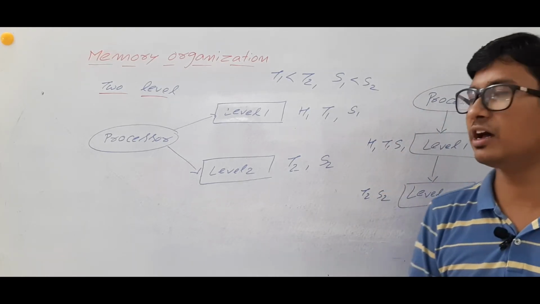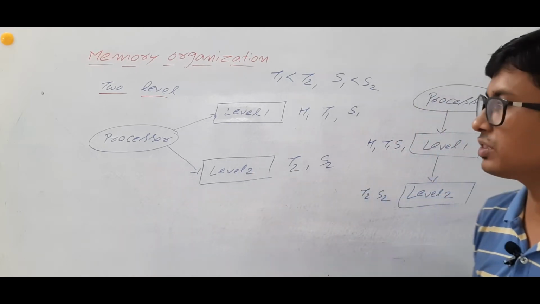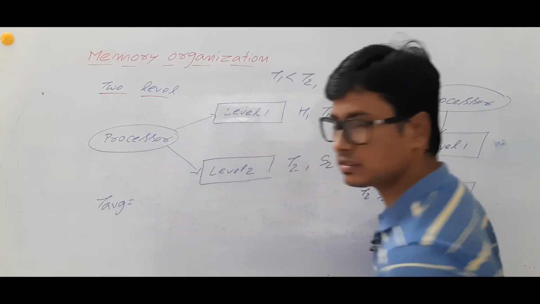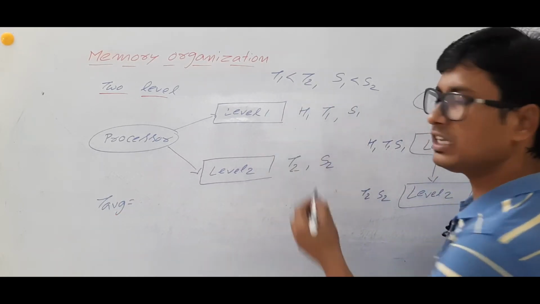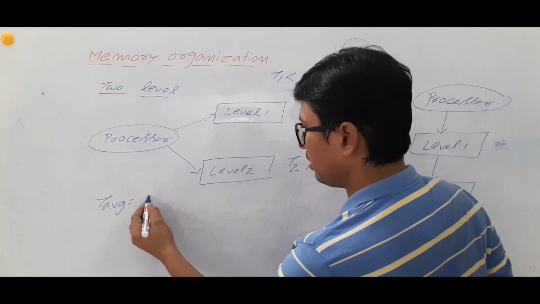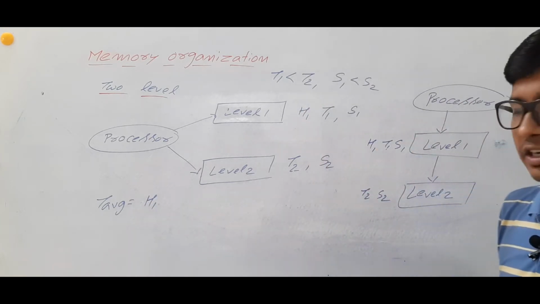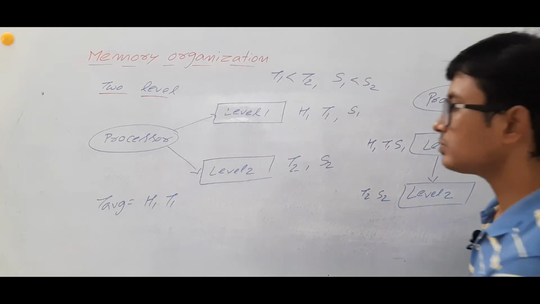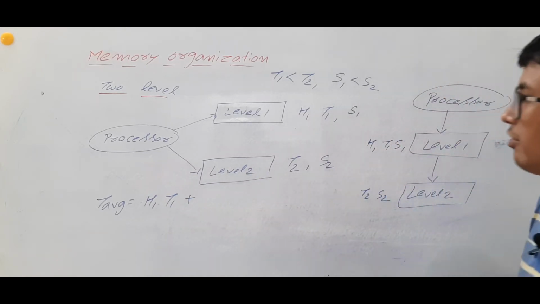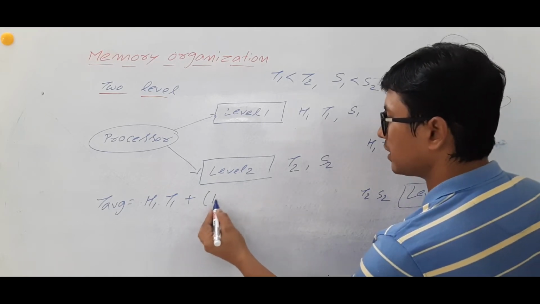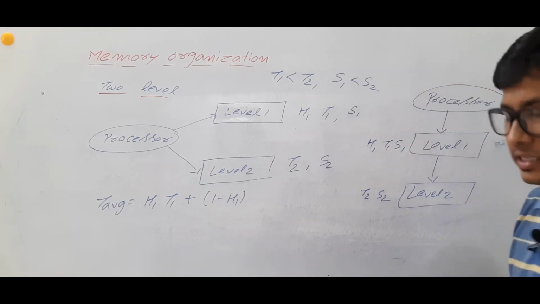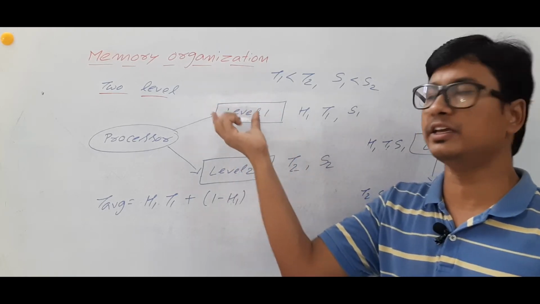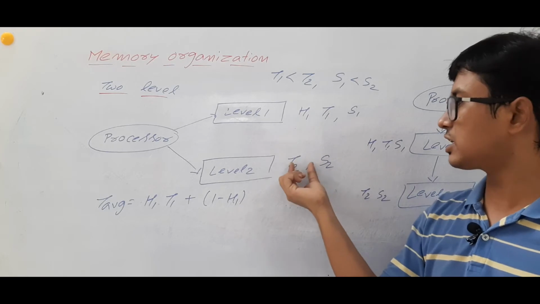So let me discuss the average access time in both the cases. T average, or time for average access, is equal to, if it is available, then we will mention the hit ratio: the hit ratio into T1, plus if it is not available, then 1 minus H1 because when you search here and it is not available, you will get it here only, because T1 will be very less as compared to T2.